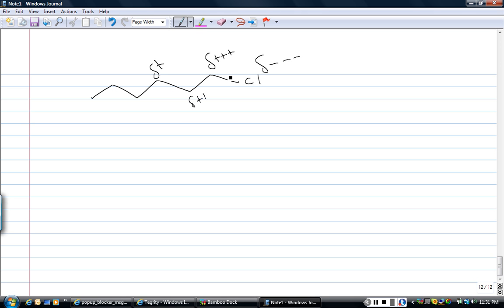In other words, the chlorine here pulls a lot from this carbon. This carbon in response pulls some from this carbon. This carbon, having lost electron density, then pulls a little bit from this carbon, and then the effect is lost. So induction is strong along bond 1, modest along bond 2, weak along bond 3.